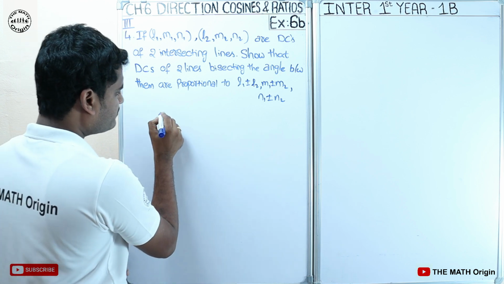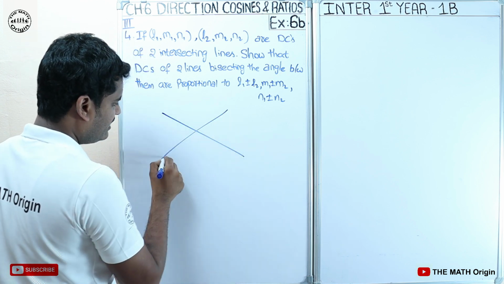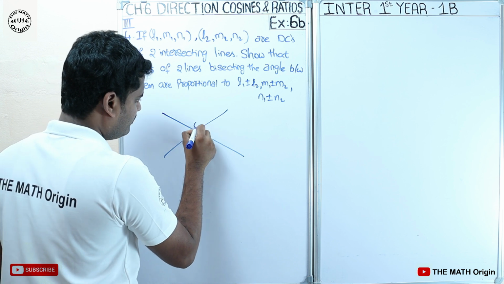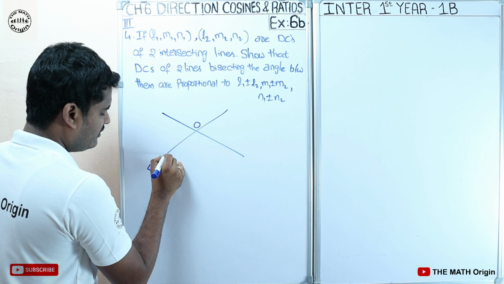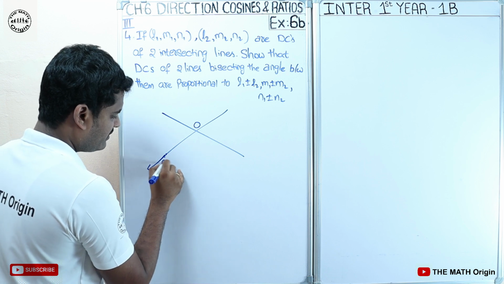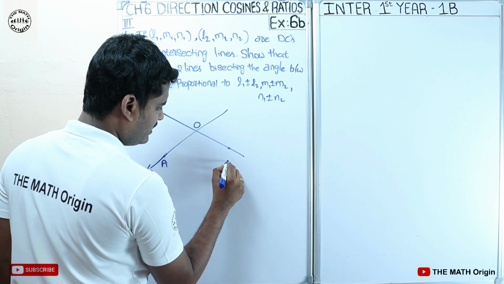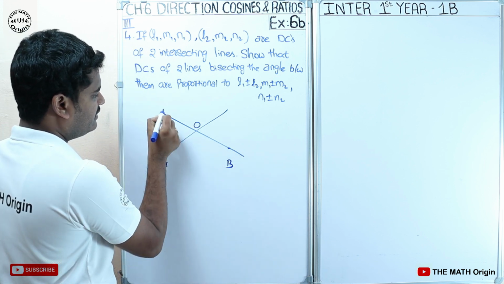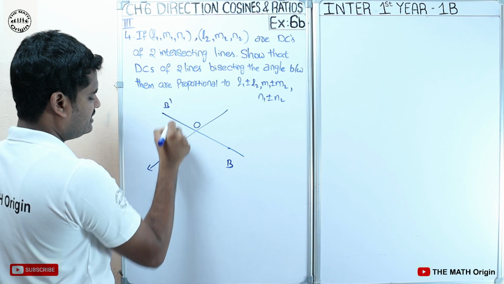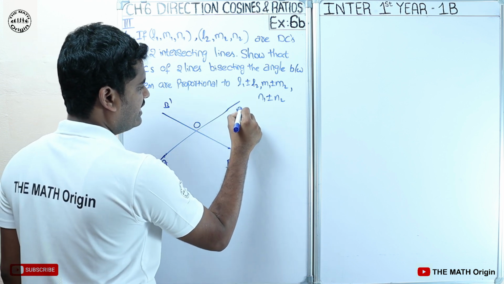For example, there is a line AB and for example this is a point O, origin, and somewhere we have point A and somewhere we have point B. Okay, now see this, this is like I can say B, B dash, A, A dash.